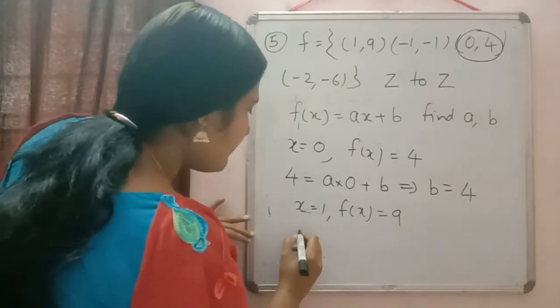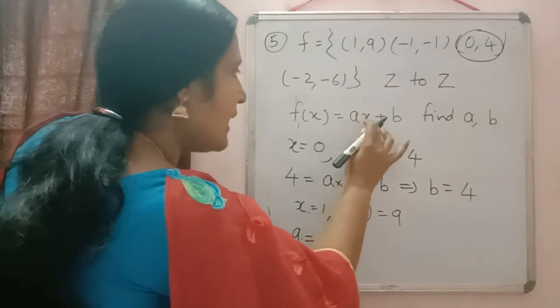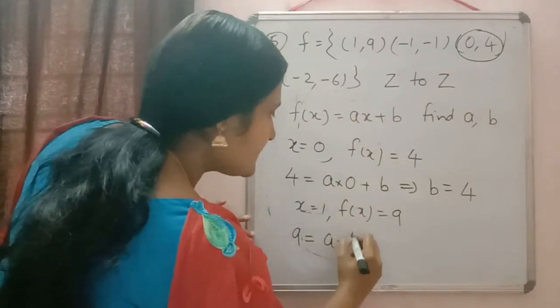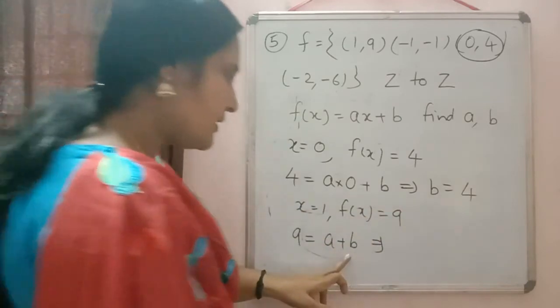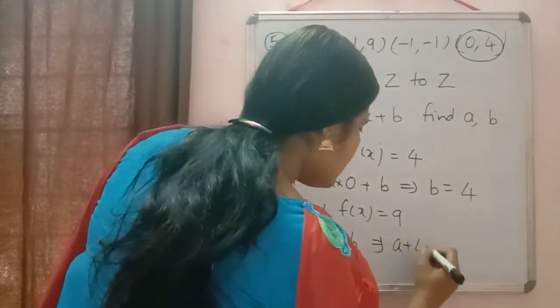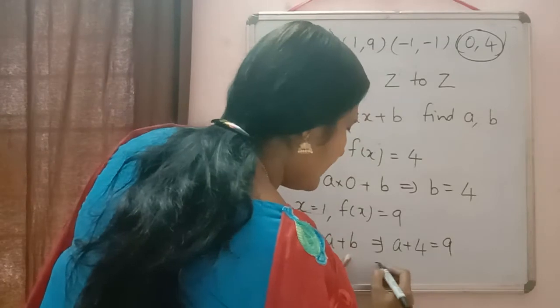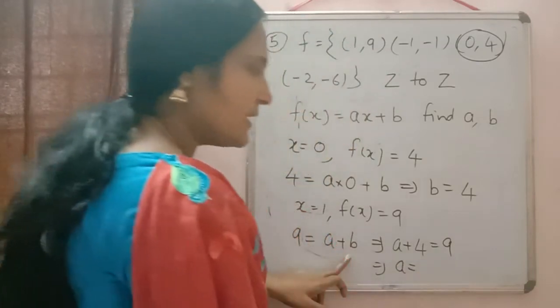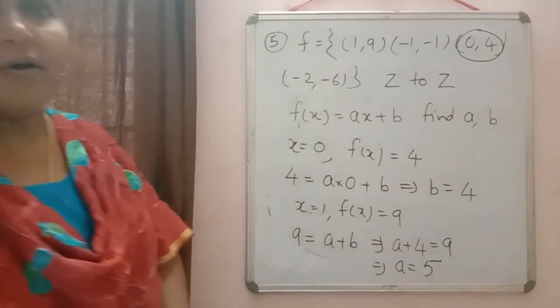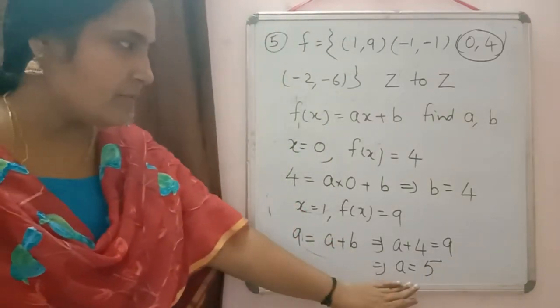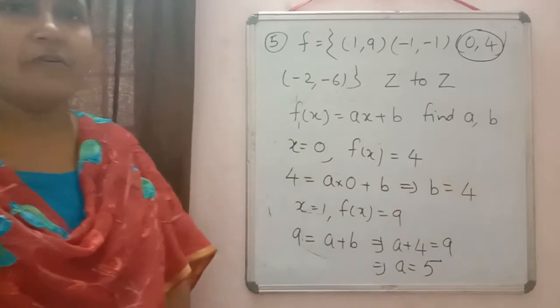Then what will come? 9 is equal to a into 1, a plus b. Now already we know the value of b. So substitute here. Then we will get a plus 4 is equal to 9. So from here we will get a is equal to 9 minus 4, that is equal to 5. So we got a is equal to 5 and b is equal to 4.